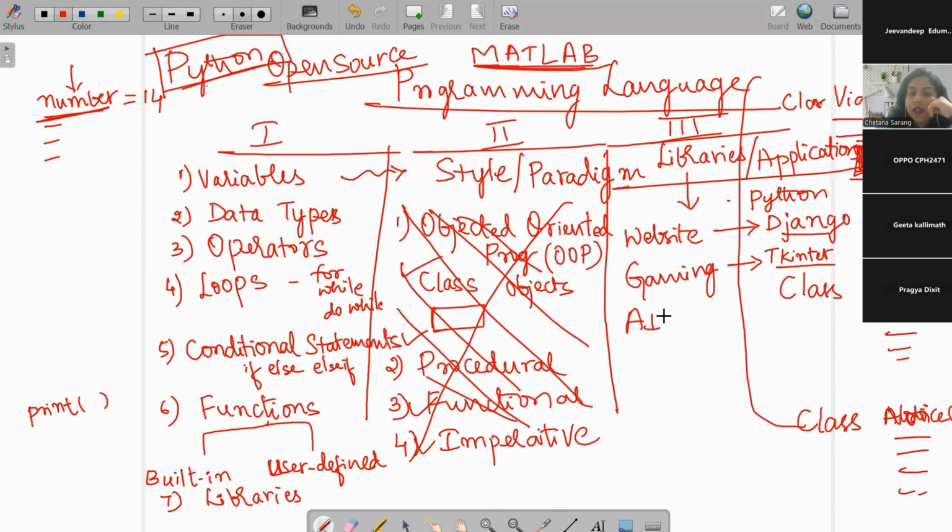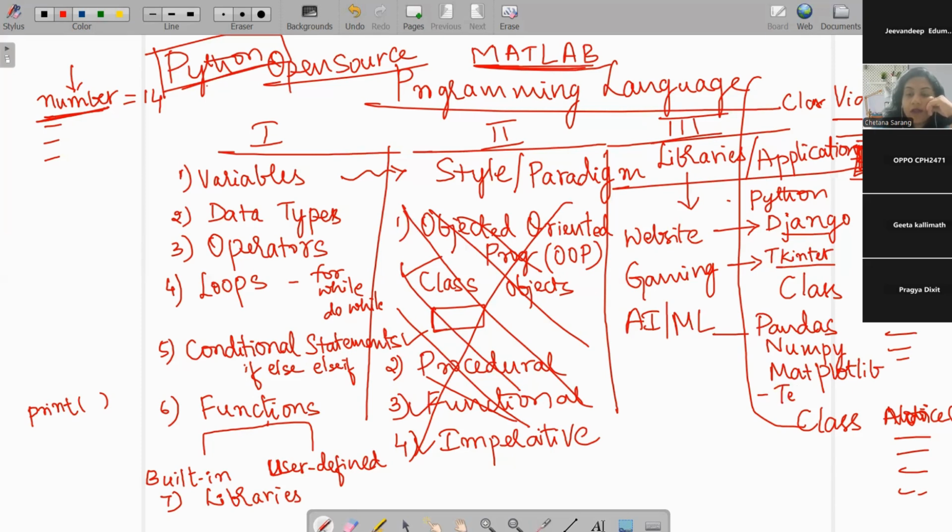And for AI and ML, there are so many libraries in Python. That is Pandas for data analysis, NumPy for numerical analysis, Matplotlib. These we have given in 8th standard. Matplotlib for data visualization, to draw graphs on the data.